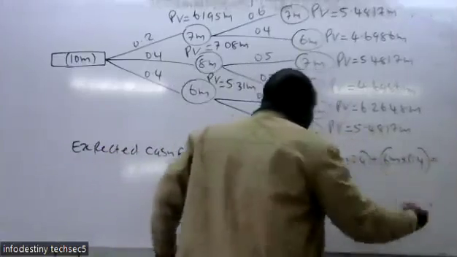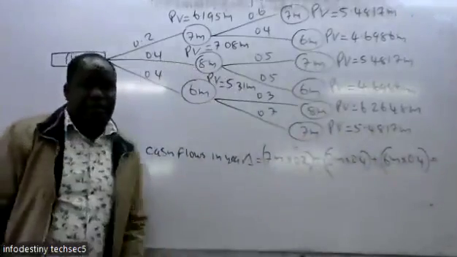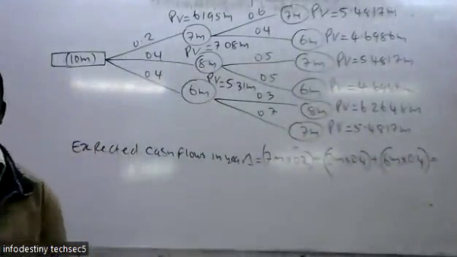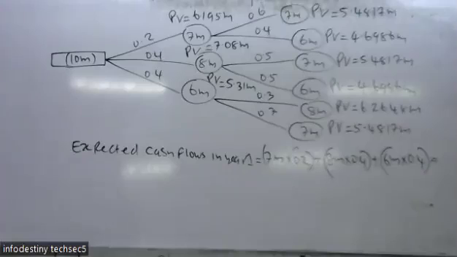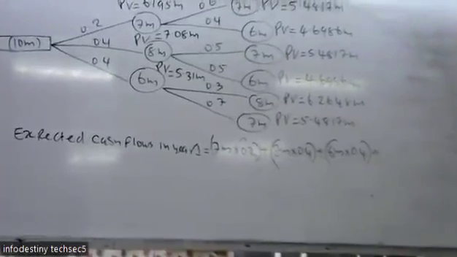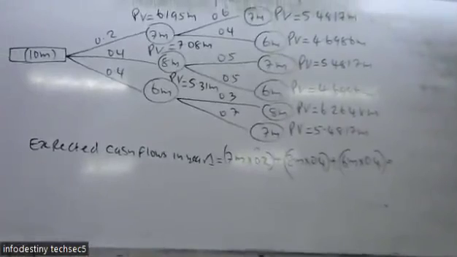So we add them together so that we get the expected cash flows in year one. We simply take those cash flows which were there in year one, but they were subjected to probabilities.